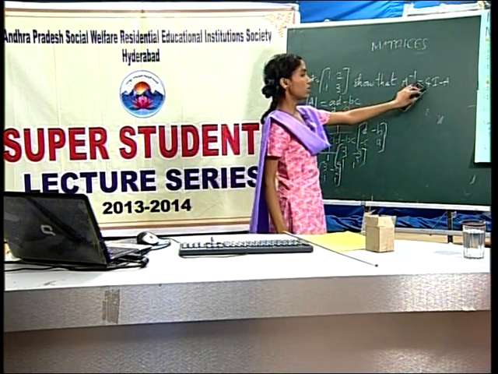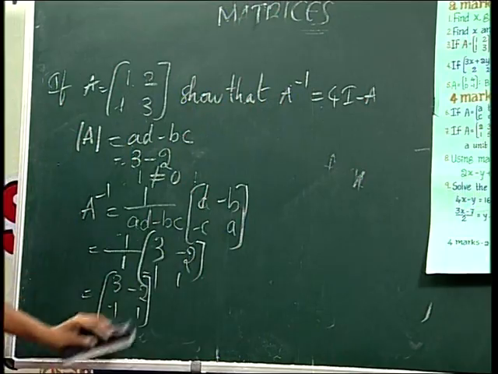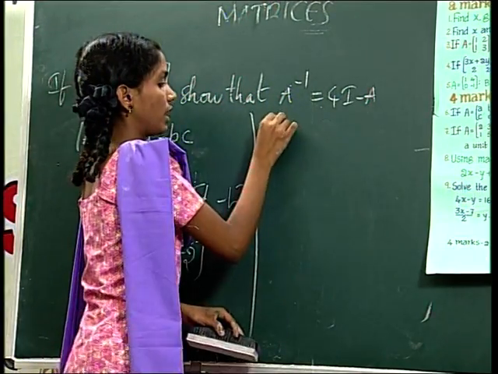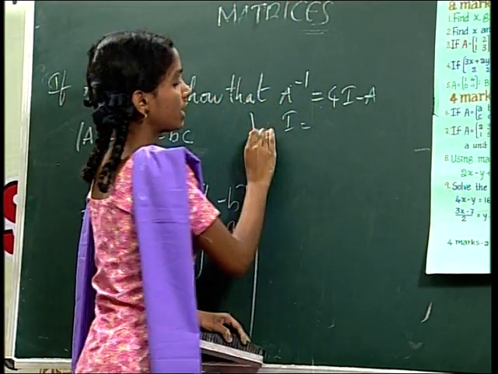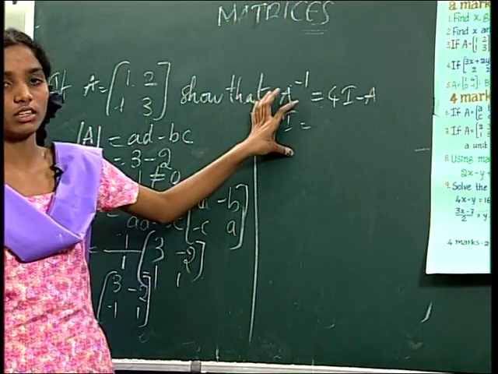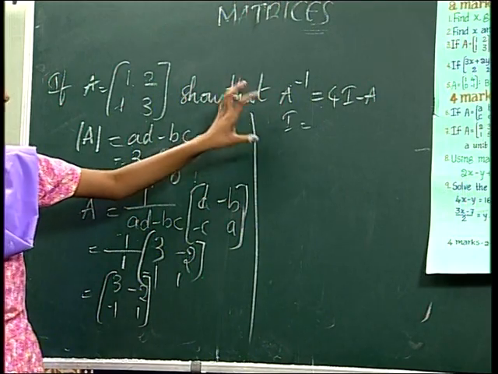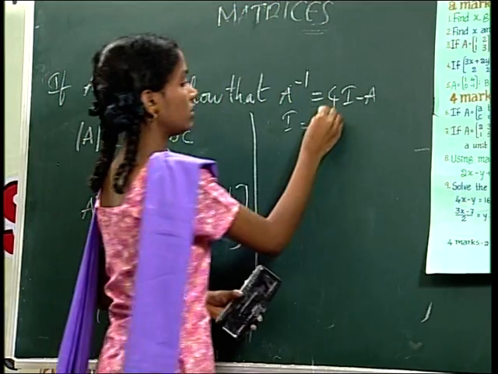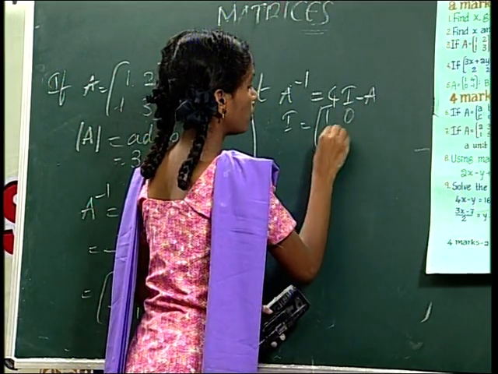Next, we have to show this: show that A inverse equals 4I minus A. We got A inverse and we have to do the RHS. What is the RHS here? 4I. What is I? What does I mean? Identity matrix. If the numbers on the principal diagonal are 1, it is an identity matrix. So, the identity matrix is 1 0 0 1.